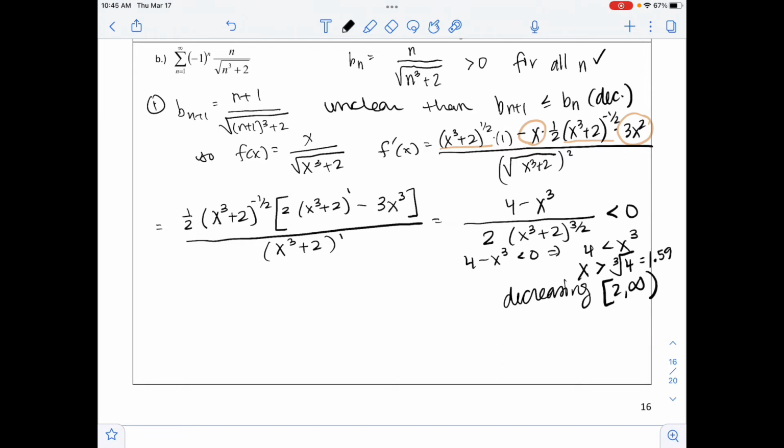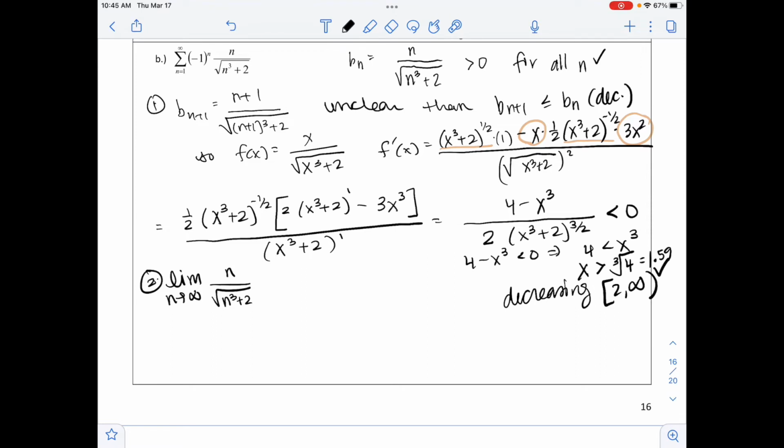And so it's decreasing, and it doesn't decrease over just that piece, but for all of our n. We would say that this is, in general, going to be a decreasing function. And then the second thing that we need to show is that the limit as n approaches infinity of our function, which is n over the square root of n cubed plus 2, is equal to 0.